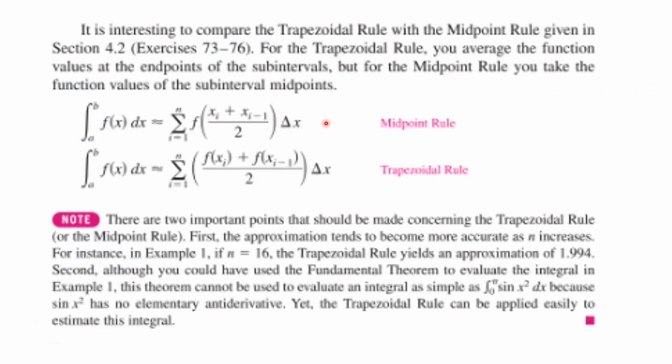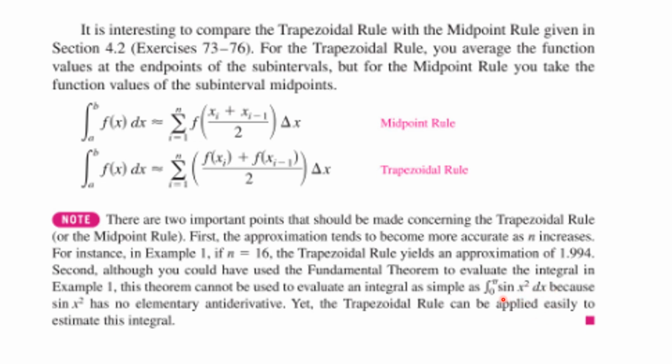Again, just summarizing, this is what we have for the midpoint rule, and this is what we have for the trapezoidal rule. And the trapezoidal rule can easily be applied to estimate integrals like we did in that example. And in fact, we could use it exactly as easily if we're doing this one, the definite integral from 0 to pi of sine of x squared dx.